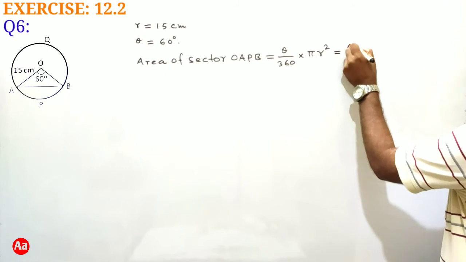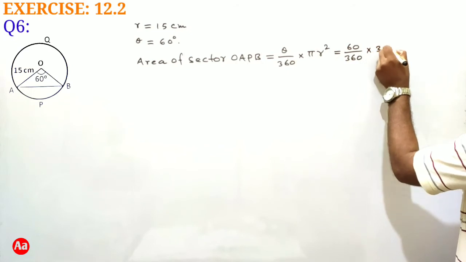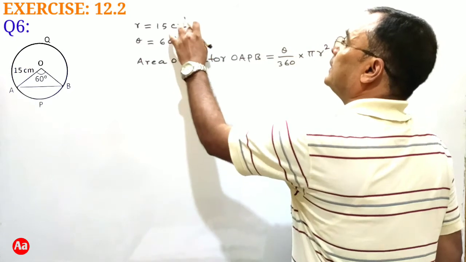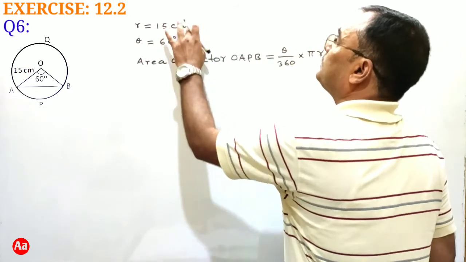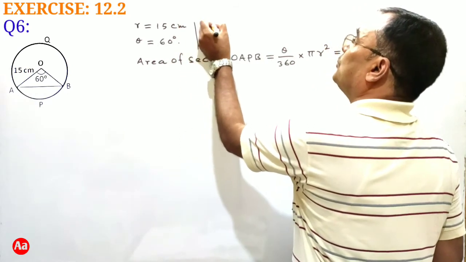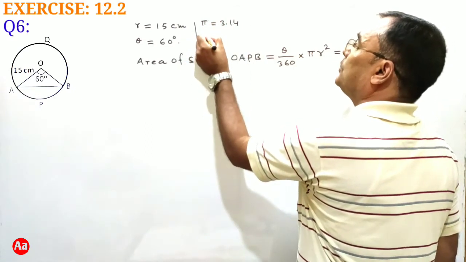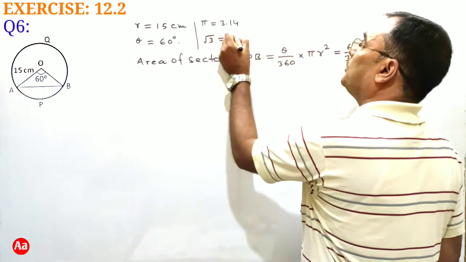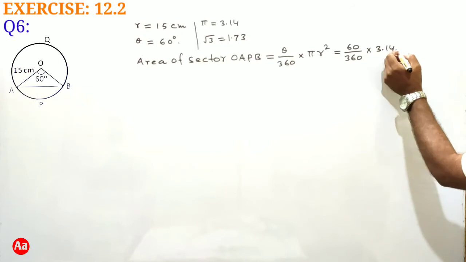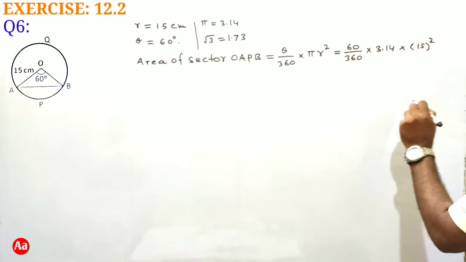Theta is given 60 degrees by 360 into 3.14, as it is given in the question that we have to use pi equal to 3.14 and root 3 equal to 1.73.